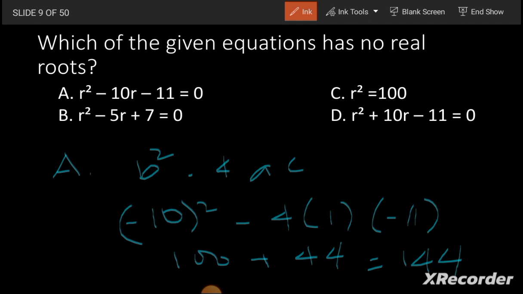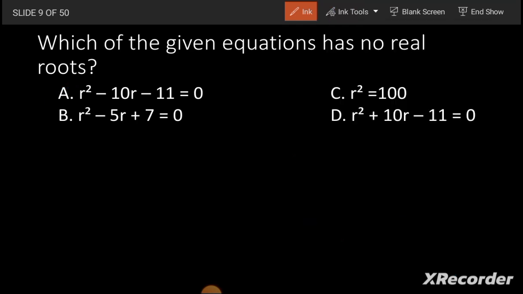As you can see, this is a perfect square and at the same time greater than 0. So the roots of letter A are real, rational, and not equal.